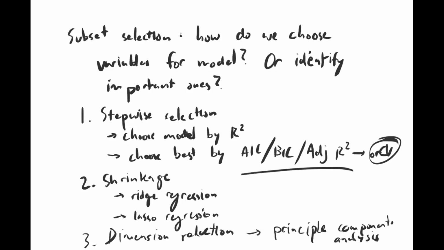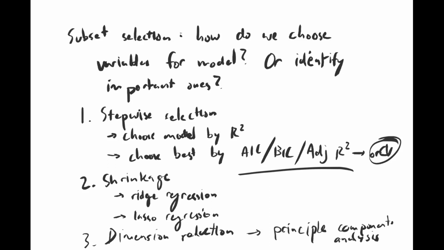So all of these metrics are ways in which we are directly addressing this bias variance trade-off, because the AIC and BIC and adjusted R-squared all sort of penalize you for having more variables. So it's kind of an indirect way of doing it, but it definitely takes into consideration a penalty term for having too many variables. So the stepwise selection does consider that.